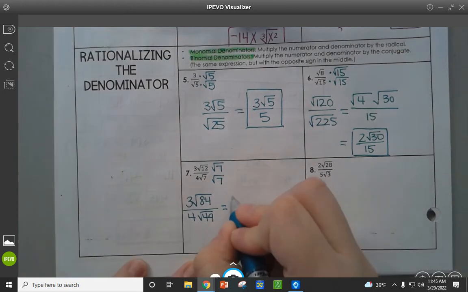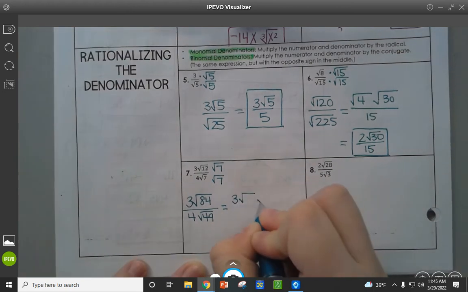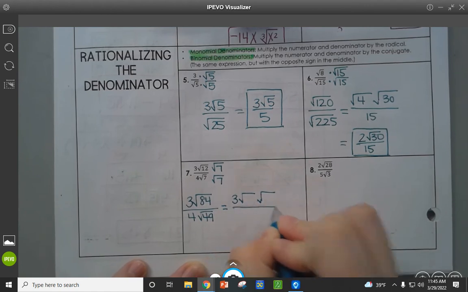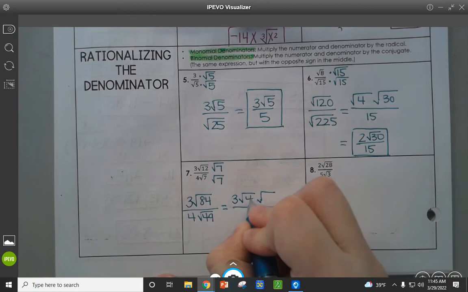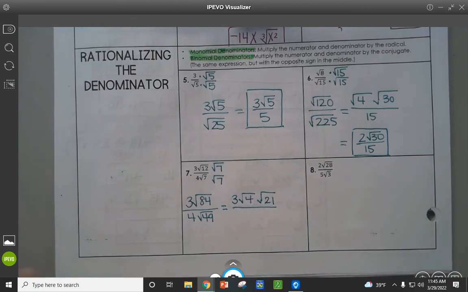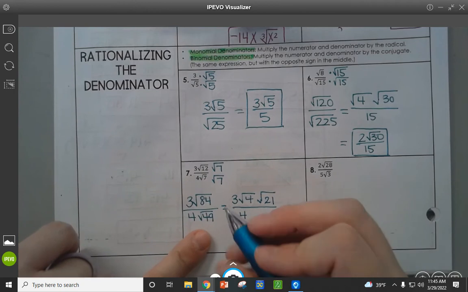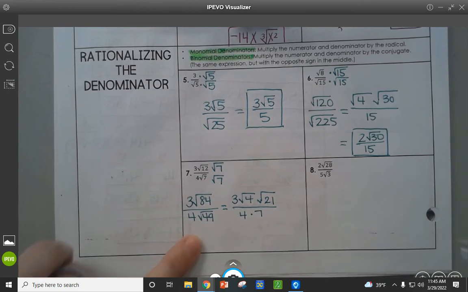84 is not a perfect square. What is the largest perfect square that goes into 84? It is 4 and 21. What is the square root of 49? 7.